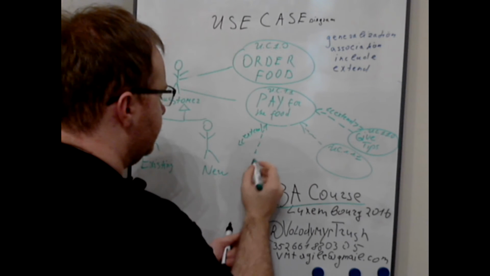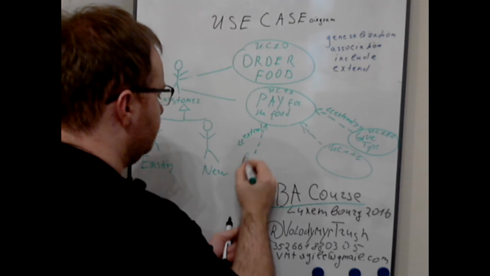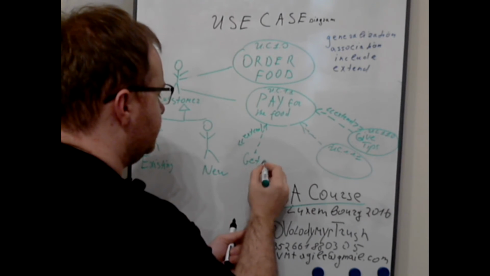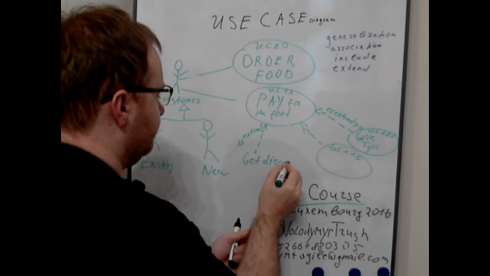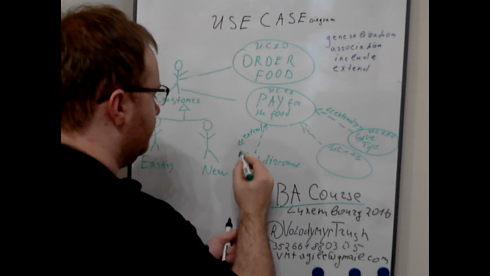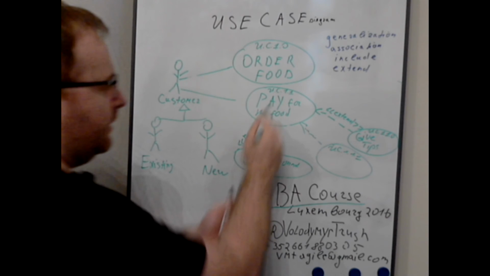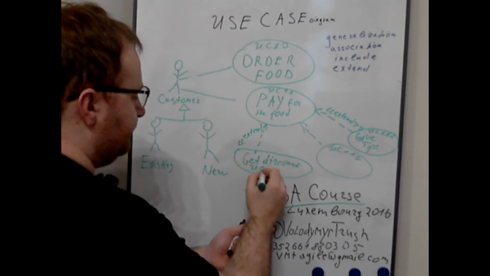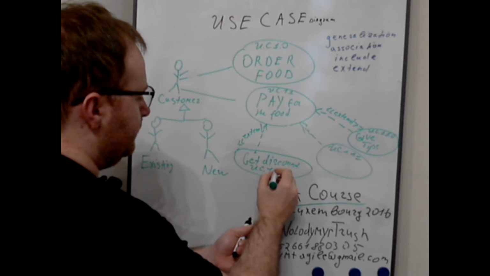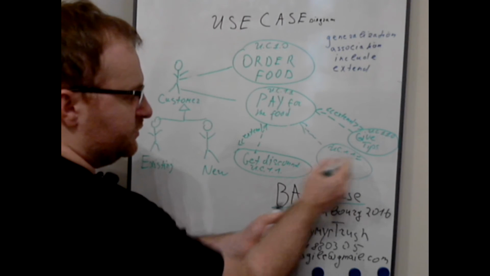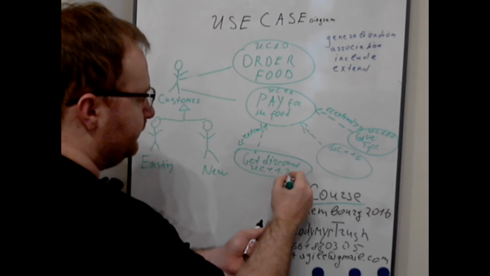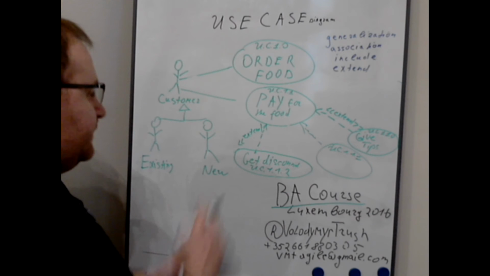Get discount. Use case number 1.1. This was already 1, so it will be 2. You get the point.